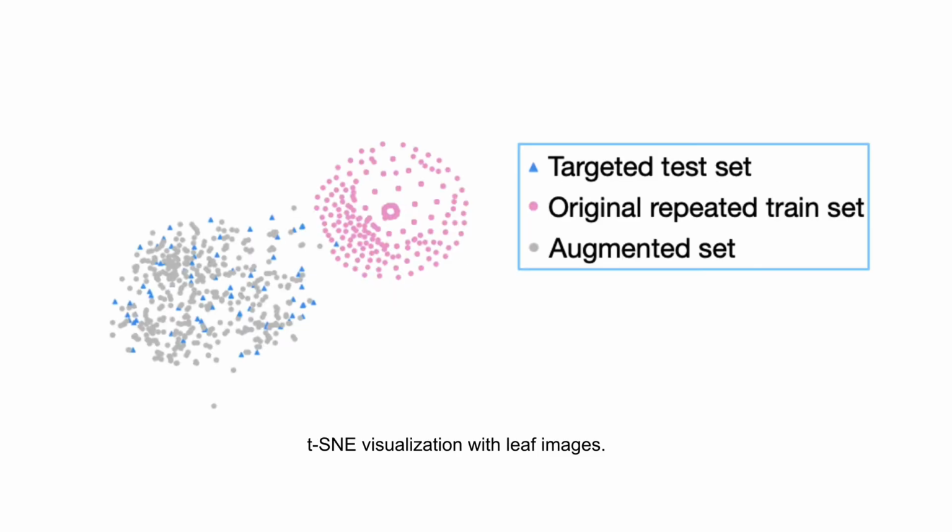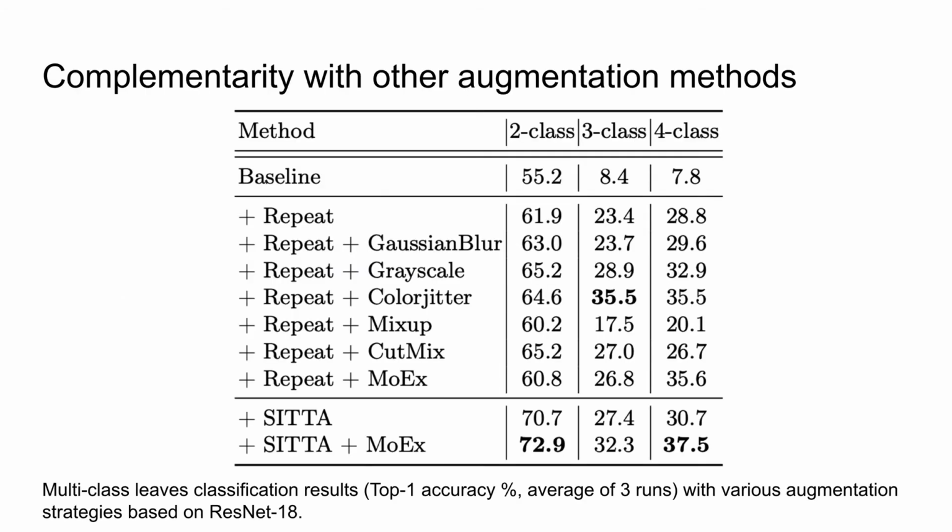To validate the augmented dataset, we use t-SNE to visualize the distribution of repeat, targeted test set, and Sita. In the figure, we see that the augmented data shares a similar t-SNE distribution with the targeted test set. In the table, we show the comparison of various augmentation strategies based on ResNet 18, consistent with previous results.